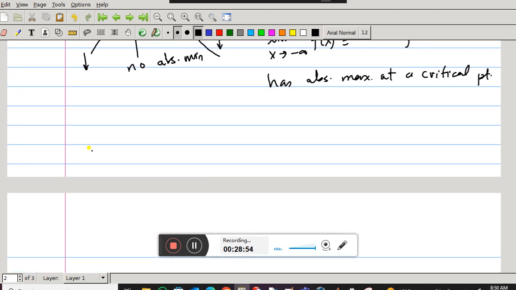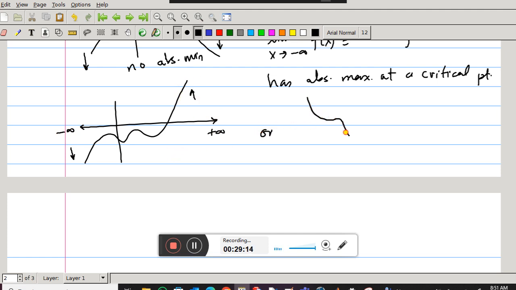If my function goes down on one side and goes up on the other, then no maxima, no minima, right? So you see, if on the left side it goes down, right side goes up, or on the left side it goes up and the right side it goes down.